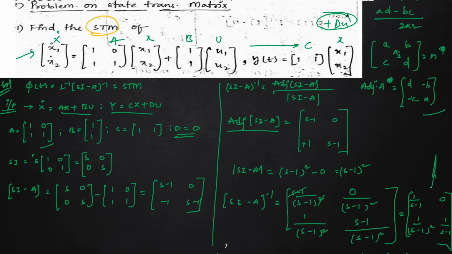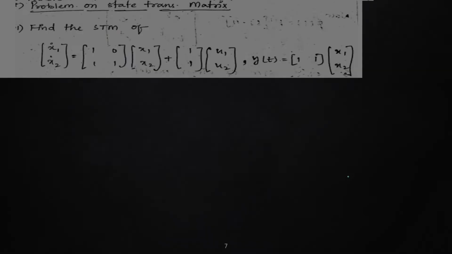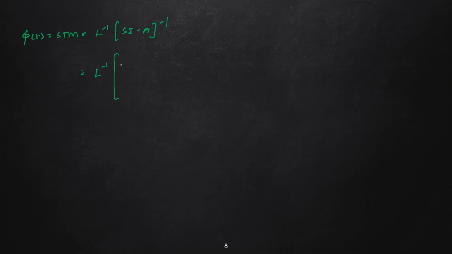Actually the phi of t transition matrix equals the inverse Laplace of (sI minus A) whole inverse. So we take the inverse Laplace of the matrix we obtained, that is 1 upon s minus 1, 0, 1 upon (s minus 1) whole square, 1 upon s minus 1.